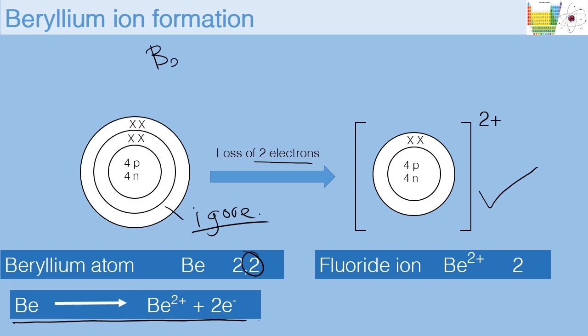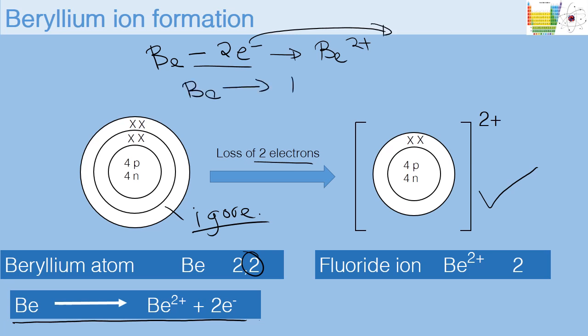Remember, beryllium loses 2 electrons to give us a beryllium ion with a 2+ charge. We will take this to the other side of the equation, and we'll have beryllium will lose 2 electrons to gain a stable configuration, and hence the overall equation is given here.